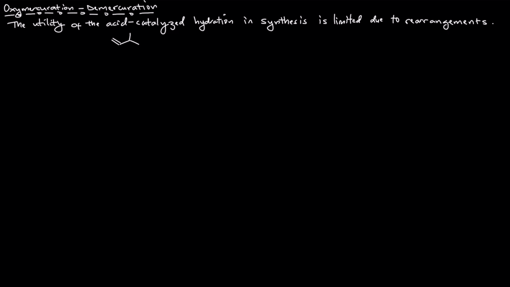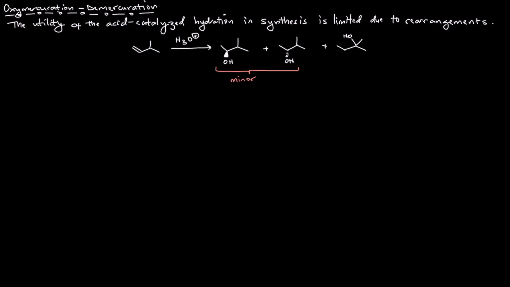For example, take this alkene and treat that with H3O+. You might expect that your major products will be these two products in which your alcohol adds to the more substituted carbon. However, it turns out that these are actually your minor products in your reaction, and your tertiary alcohol is actually your major product in the reaction.